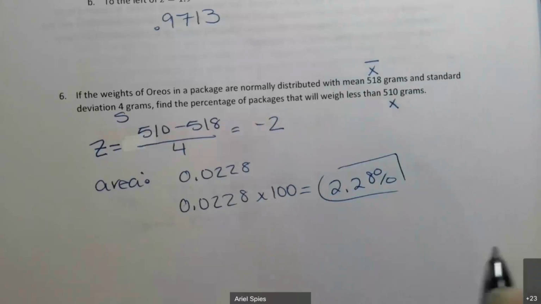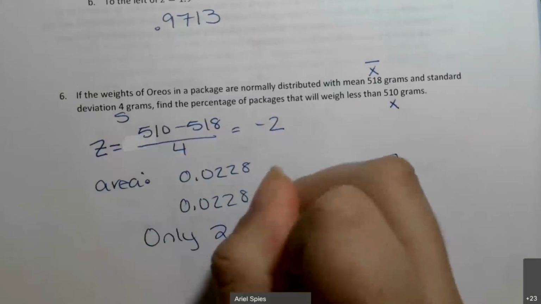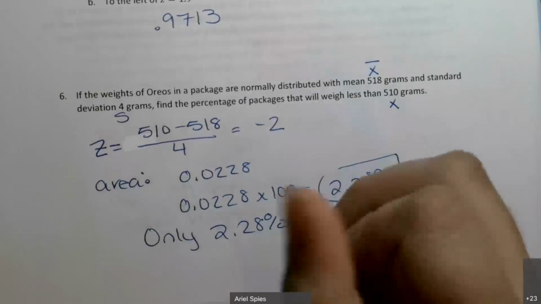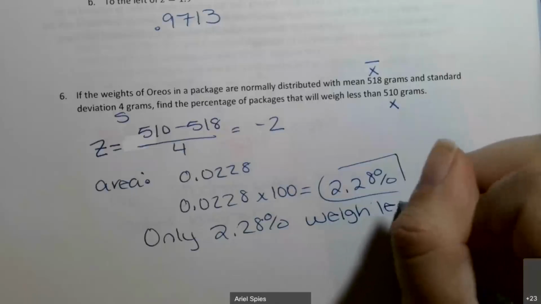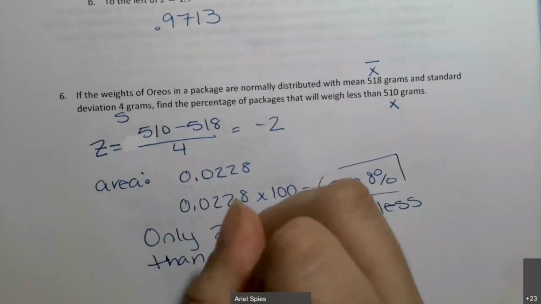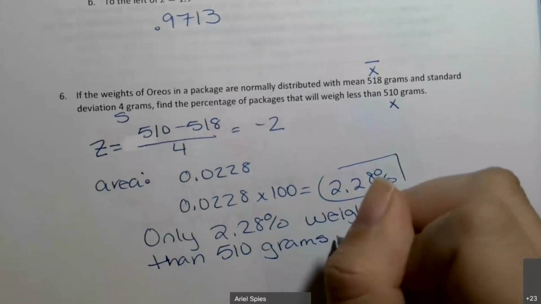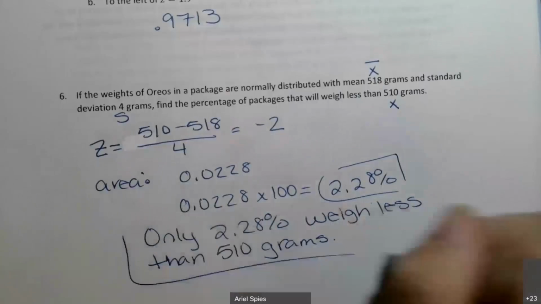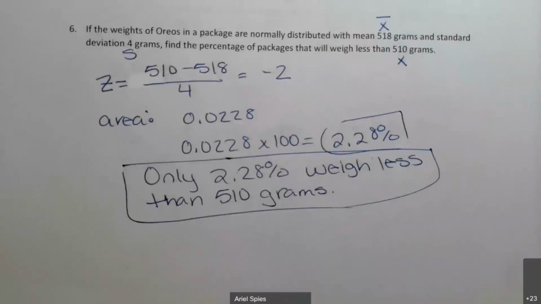Oh, I didn't mean to box that. I wanted to say only 2.28%, way less than 510 grams. So if I was going to pick a package of Oreos off the shelf, only 2.28% of those would weigh less than 510.